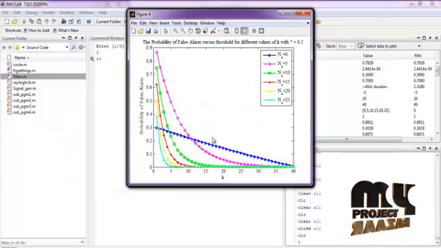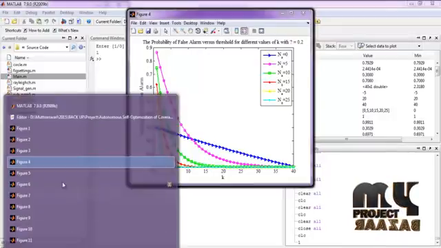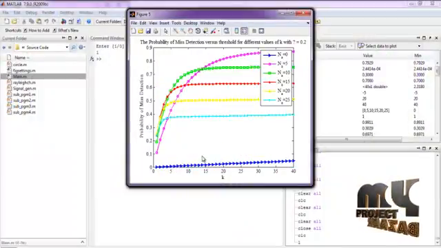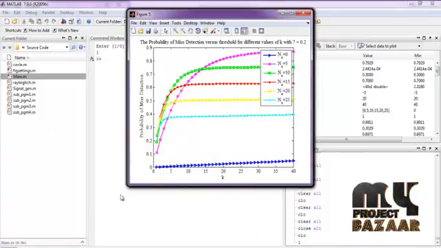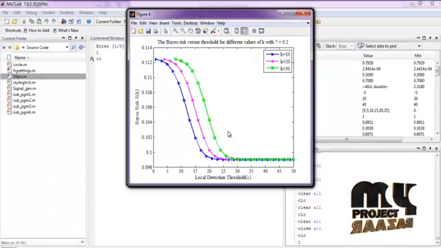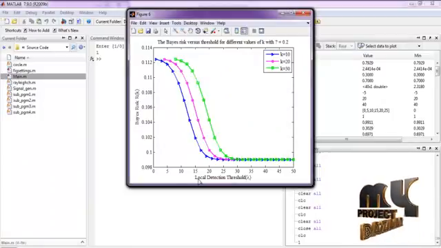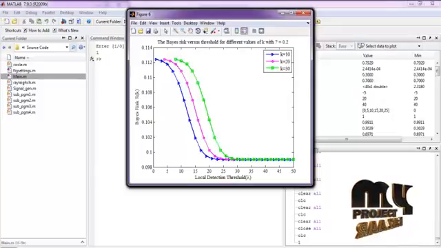Here is the probability of false alarm versus threshold for different values of k. And this is the probability of misdetection versus threshold for different values of k. And this is the Bayes risk. Here we vary the local detection threshold, that is lambda, for different k values.